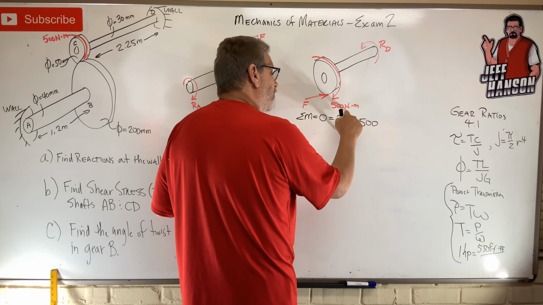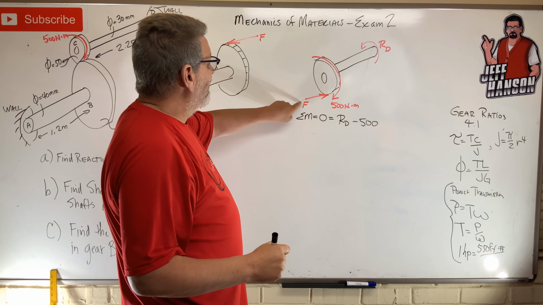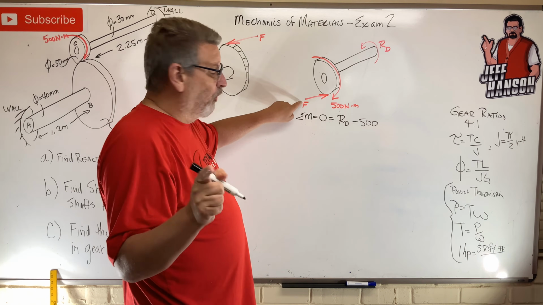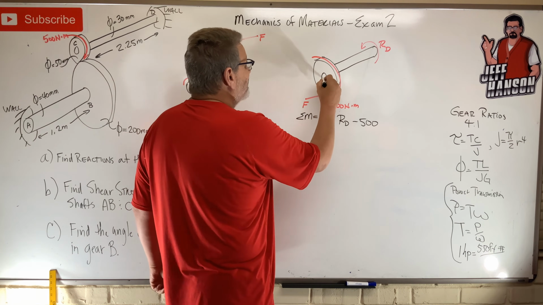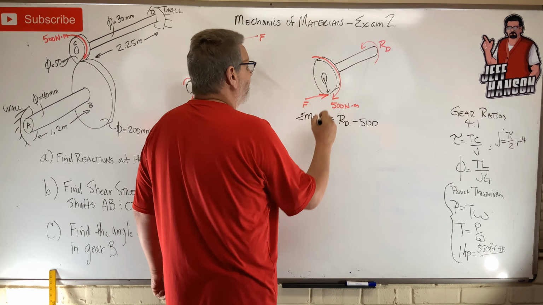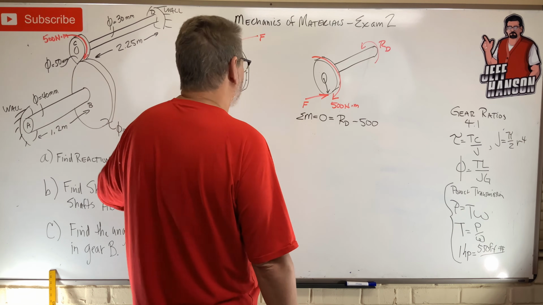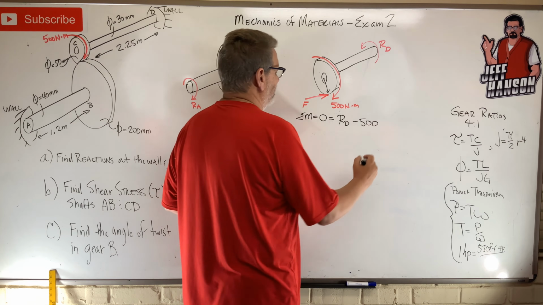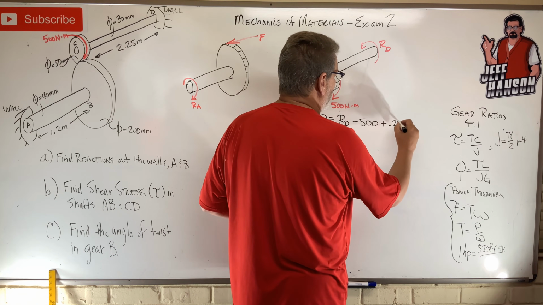Now that's in Newton meters, so be careful with this next bit. I've got F, but F is not a moment. I've got to multiply it by distance. The distance is here, right? Force times distance, and that distance is 25, isn't it? So that's going to be plus 0.25.